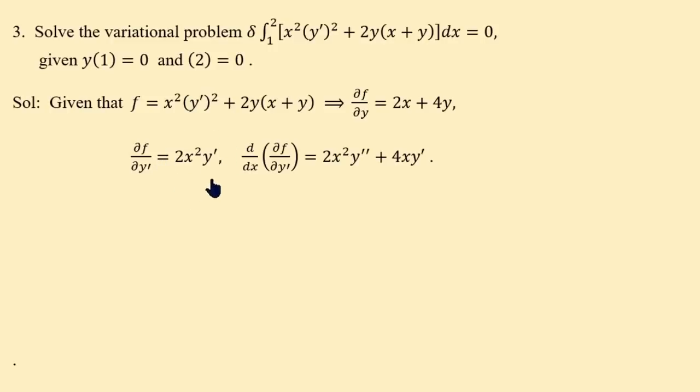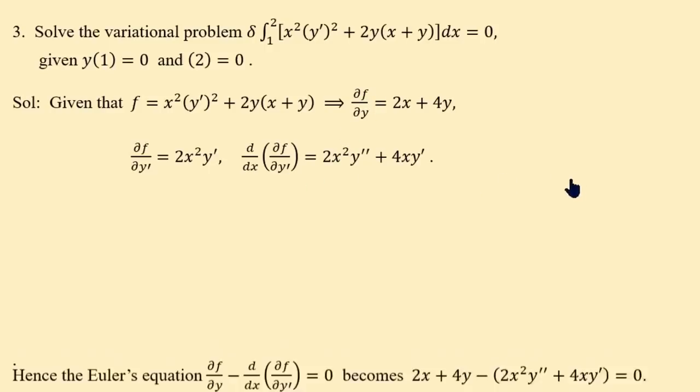Differentiate this with respect to x, not partial, total derivative. D by dx of 2x square y dash. Use the product rule. 2x square into derivative of y dash, y double dash, plus 2y dash into derivative of x square, 2x. 2 into 2x is 4x y dash.